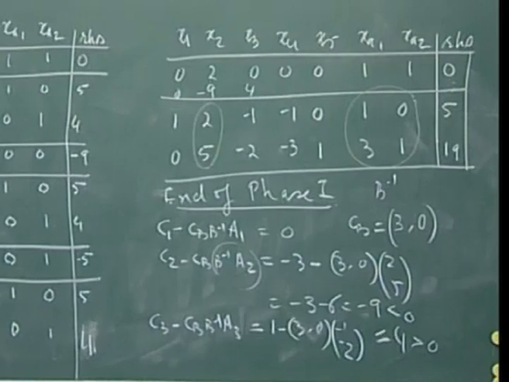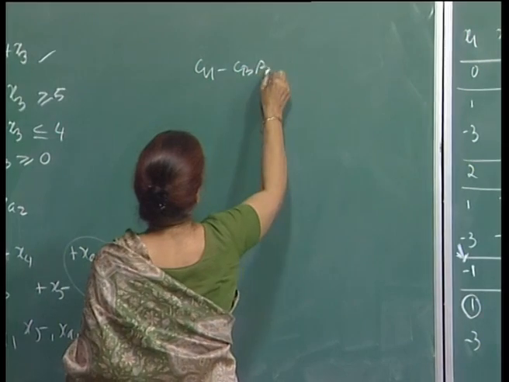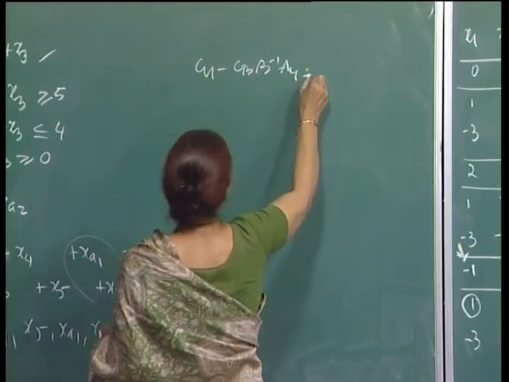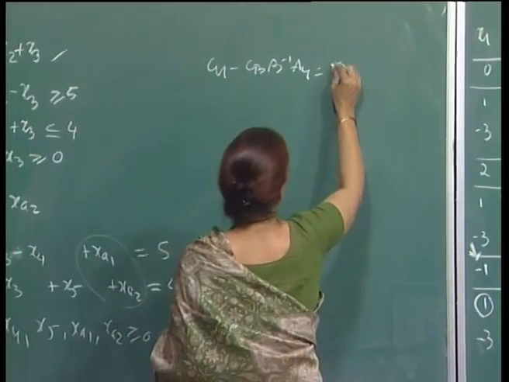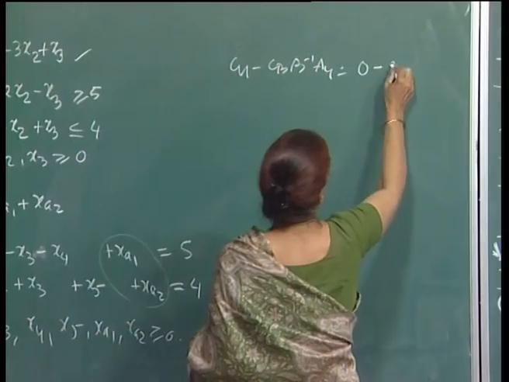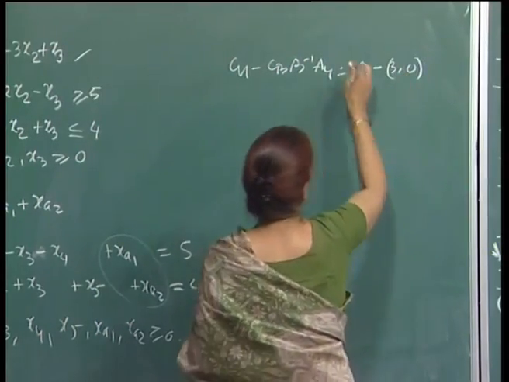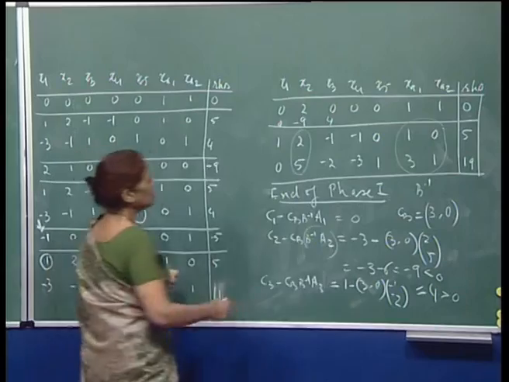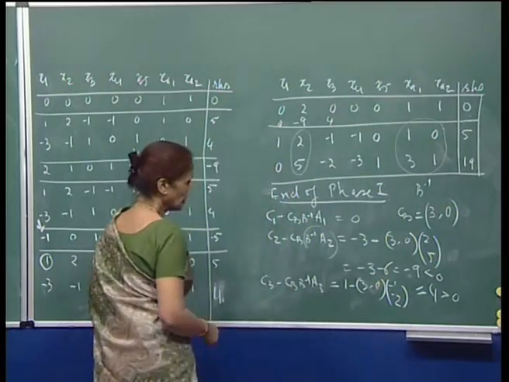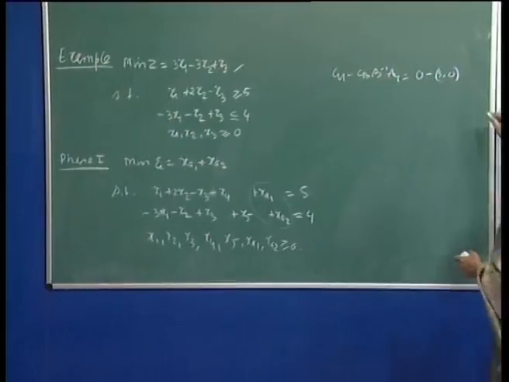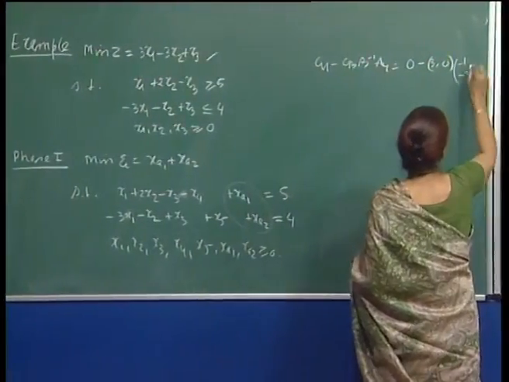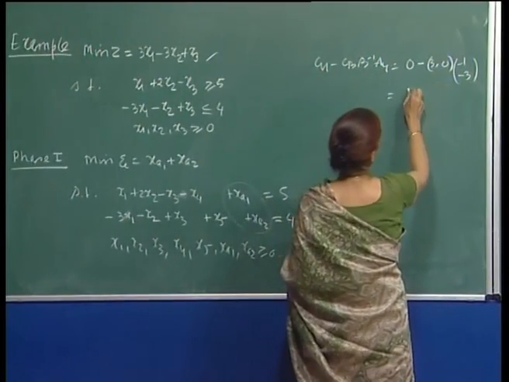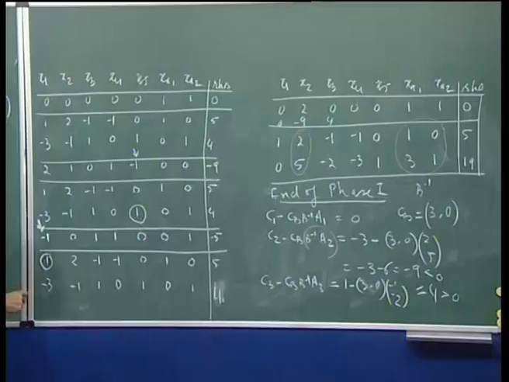So C4 minus Cb B inverse A4. C4 is 0, 0 minus 3, 0, and B inverse A4 is minus 1, minus 3. So this is 3, which is greater than 0.